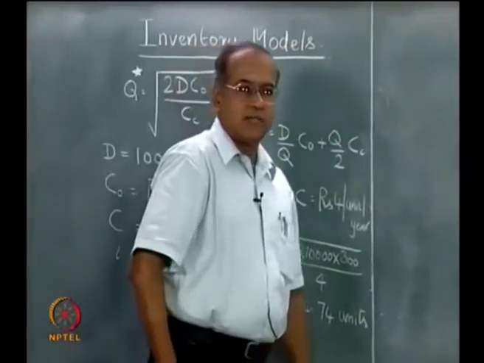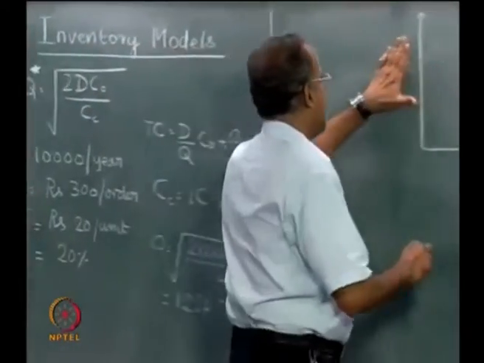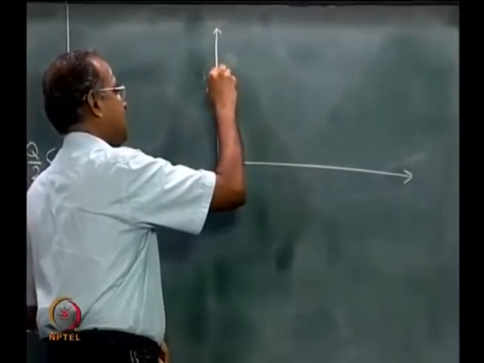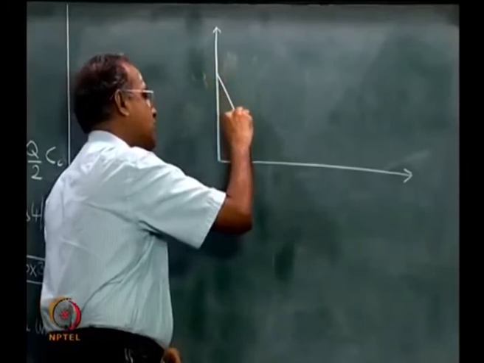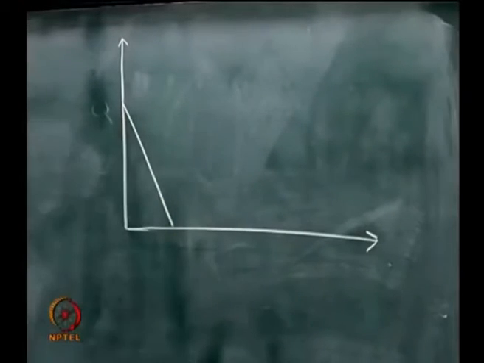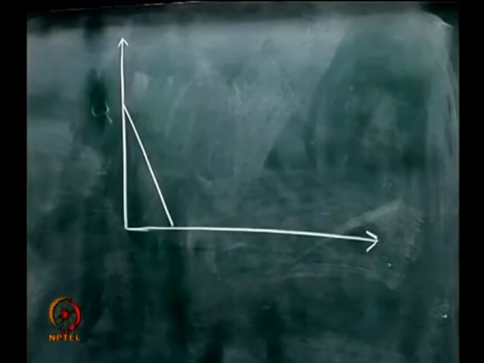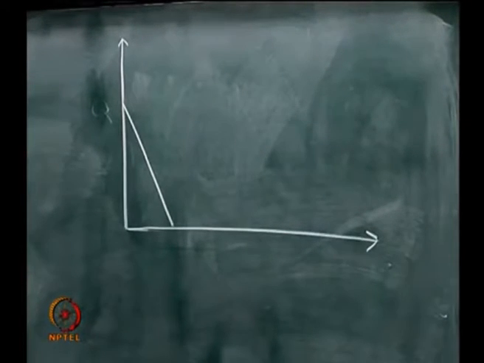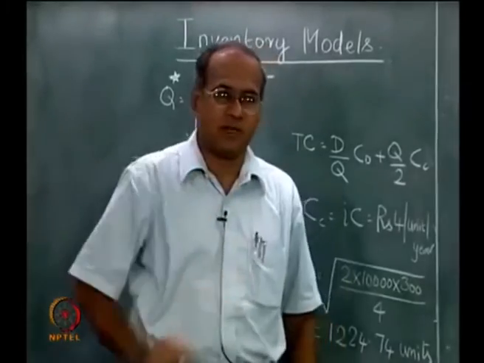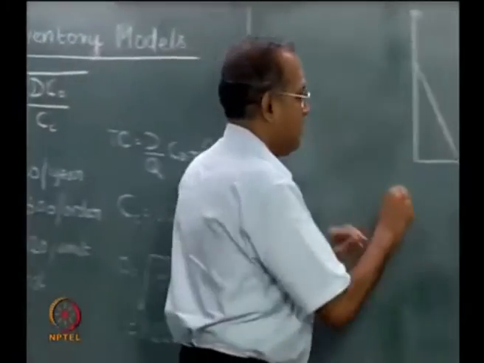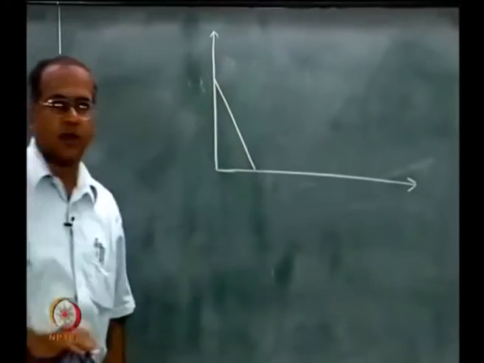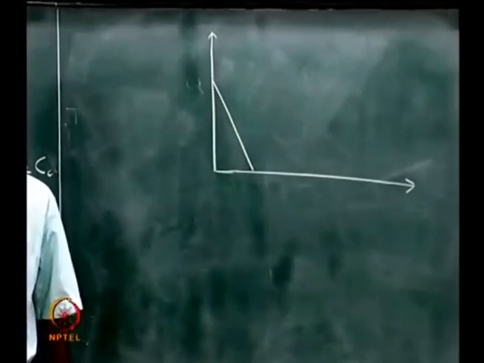So what we do now is, let us assume that we start somewhere here. We consume, and we reach the point where the stock position is 0. We also assume instantaneous replenishment, which means if I place an order here, I am going to get it immediately, which is what we did in the earlier model.